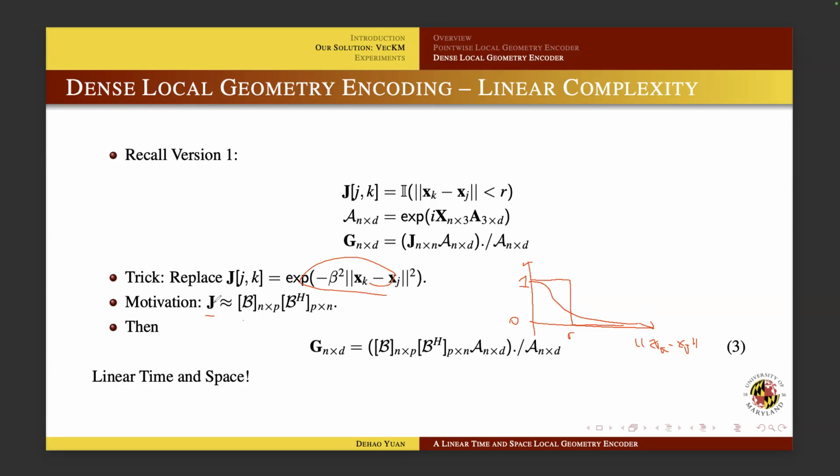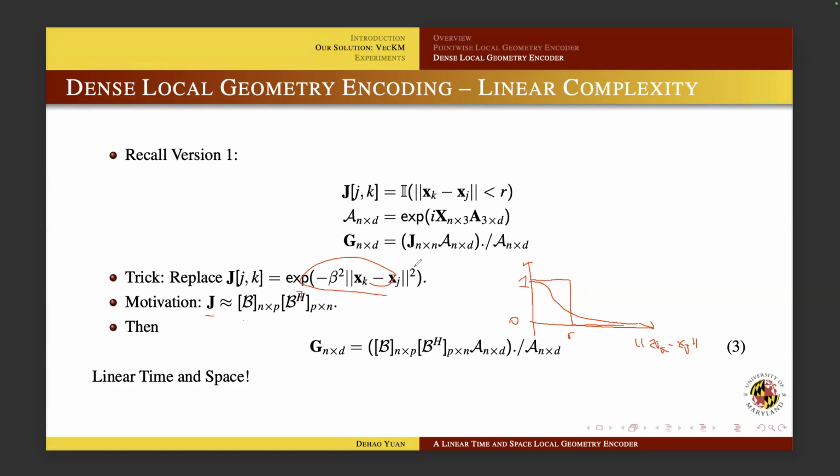So here, if we replace this J with a smoothified boundary, it can be approximated by B multiplied by B transpose. Here Hermitian means conjugate transpose, but you can think of it as transpose. Don't worry too much about that.